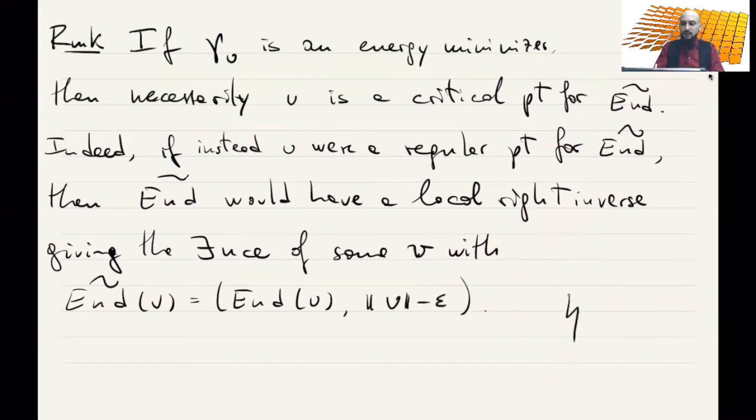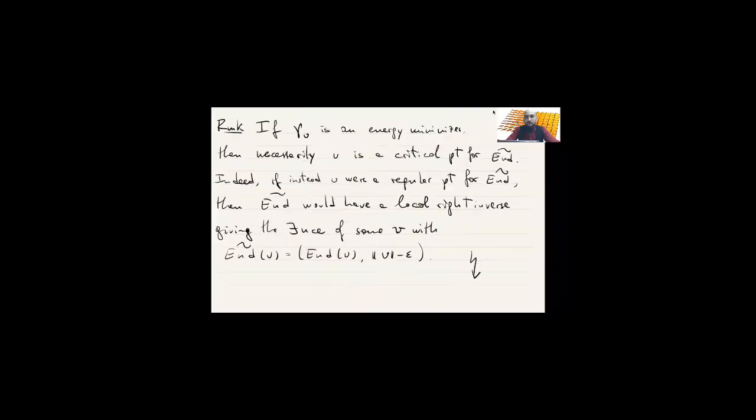And this will be a contradiction. So if we have an energy minimizer, then necessarily the control of this curve is a critical point of the extended endpoint map.